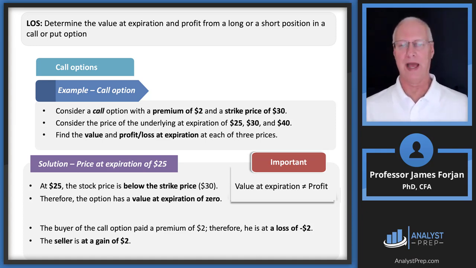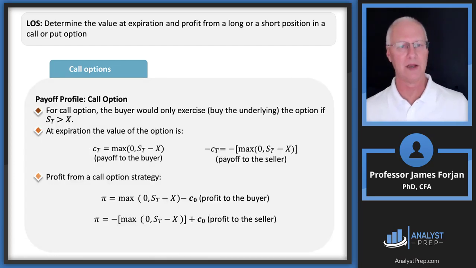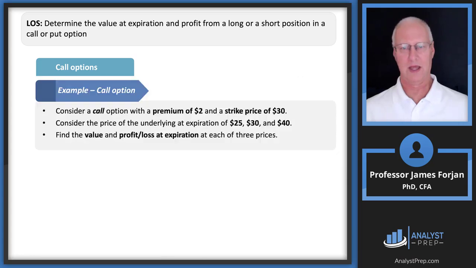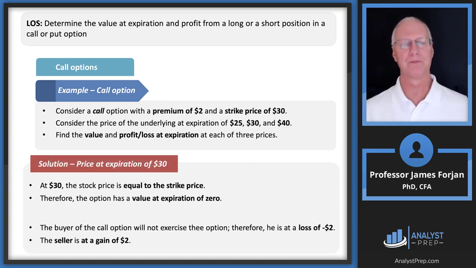So the value at expiration is 0. That's what we're talking about back here, right? Maximum of 0, or stock price minus the exercise price. The value is 0, but you paid me $2, so you lost $2, right? That's a minus 100% for you. And I gained $2. I got to keep your option premium.